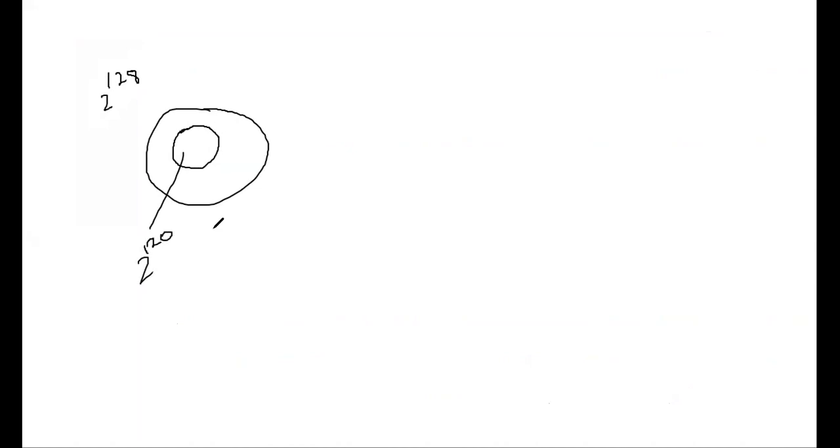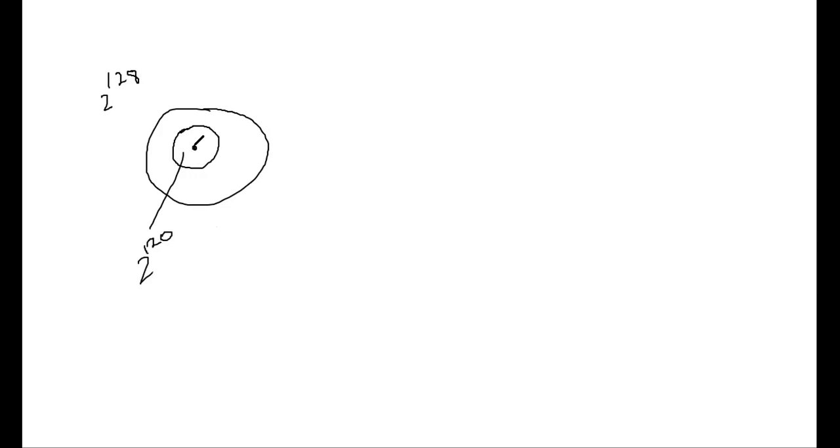The area is not necessarily to scale, so just focus on the concept rather than the diagram's clarity. So the inner circle that I have drawn is my desired set. This is the allowed set of values. Let's say my plain text is a member of this particular set. Here is my plain text.